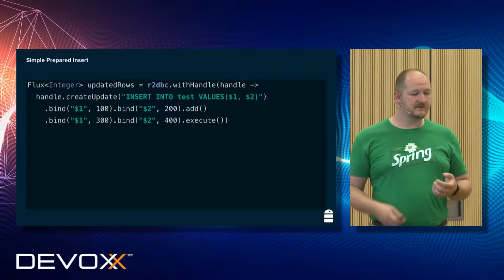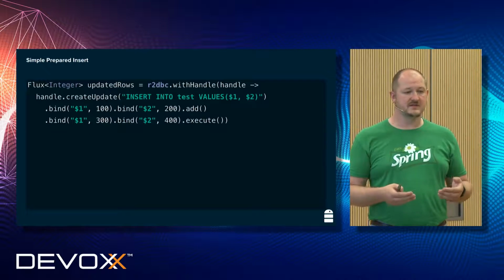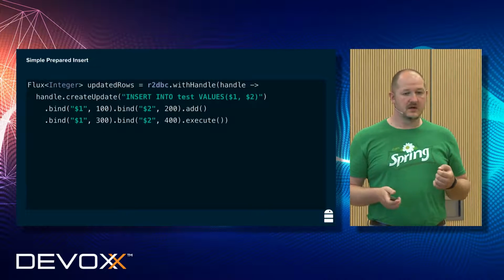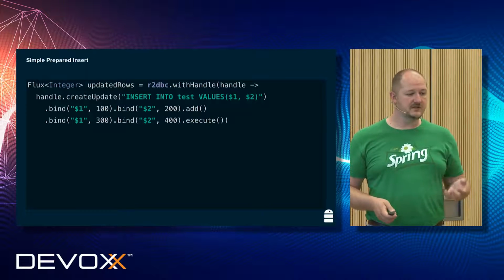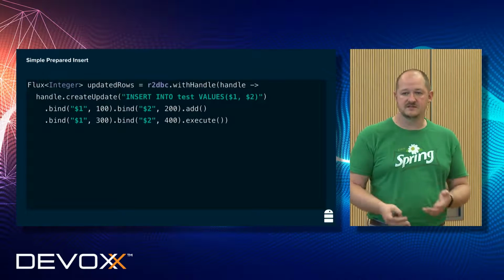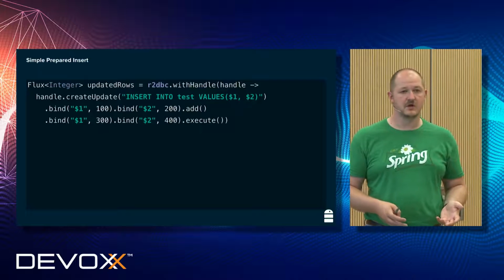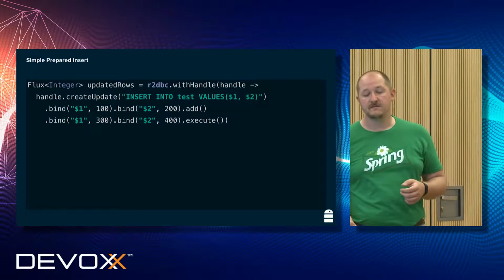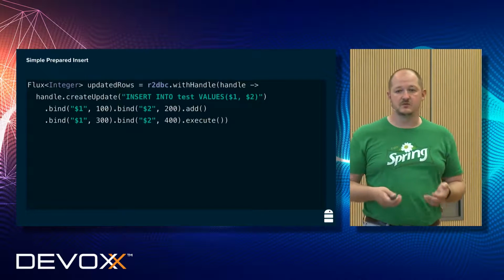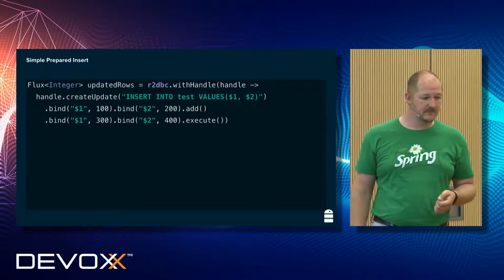Therefore, let's provide bind methods and pass those through to the statement. Once we are happy, we execute that update statement, and typically we are interested in either completion, whether this thing is done and the statements were executed, or, if we want to get fancy, how many rows were really affected by that particular statement.